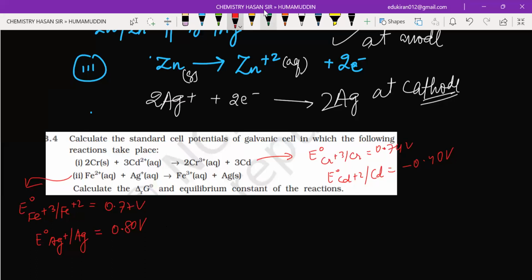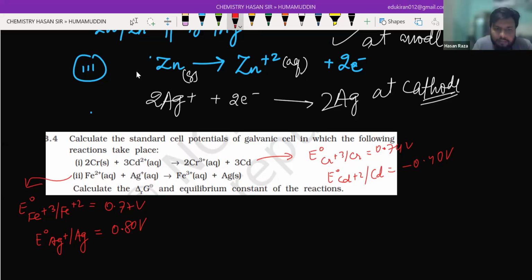Basically the values were not given in NCERT, so I forgot to write them. So please do it. Now you can do the answer.